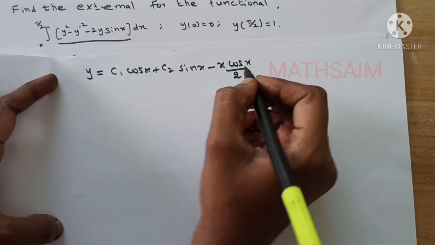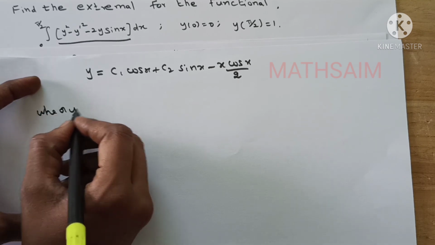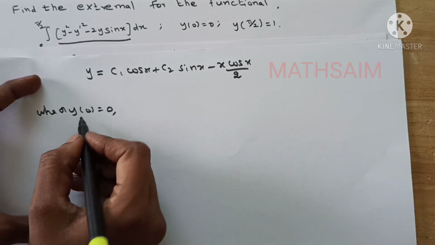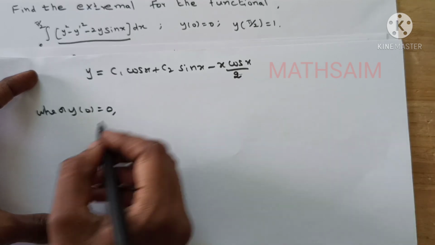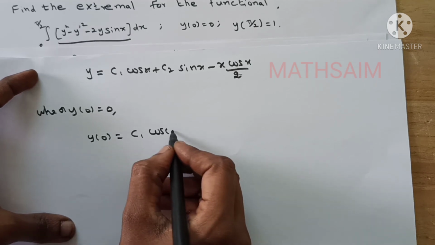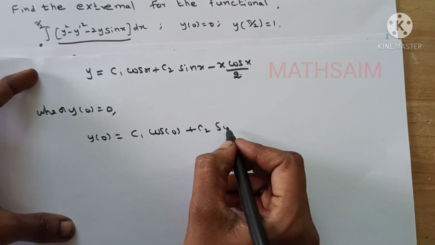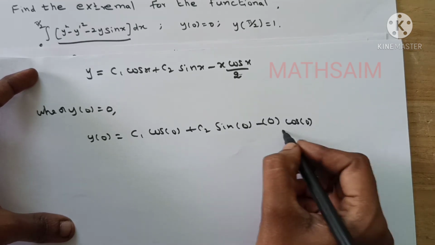Now substitute the first boundary condition, y of 0 equal to 0. That means we substitute 0 for x in the result. So y of 0 is c1 cos 0 plus c2 sin 0 minus 0 into cos 0 by 2.